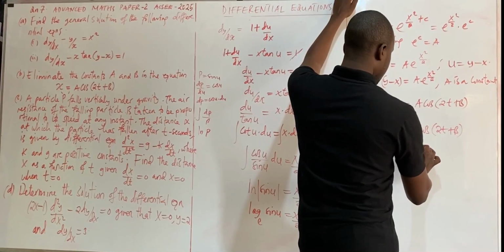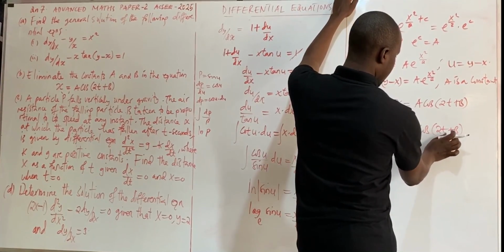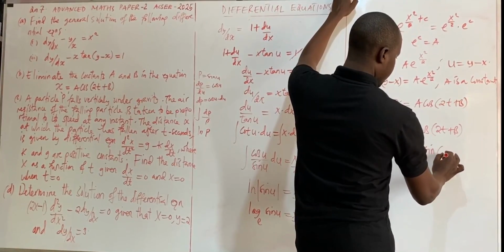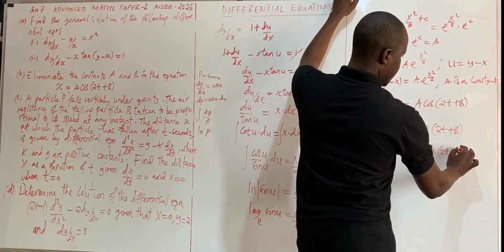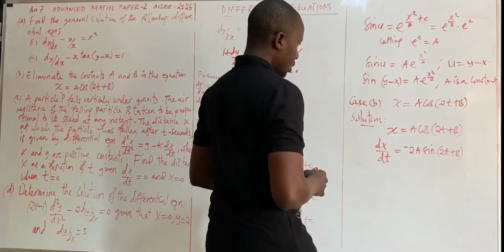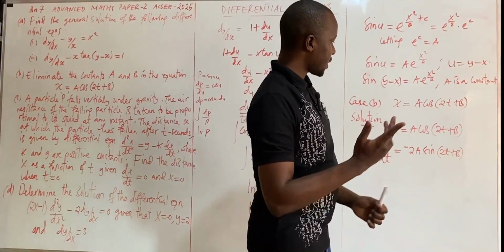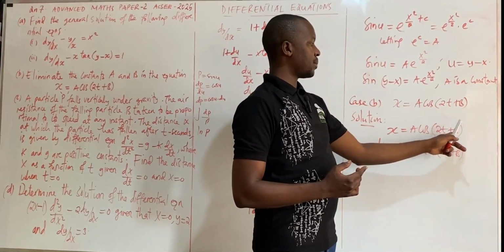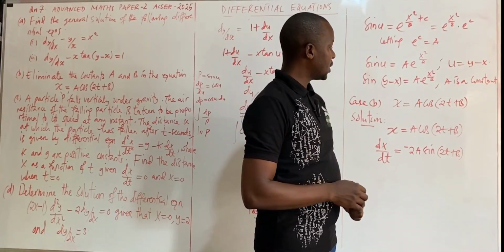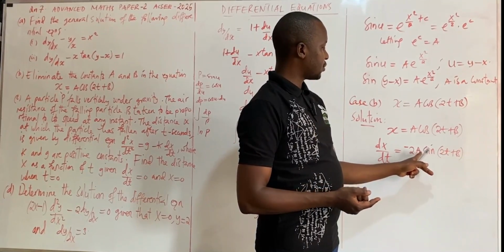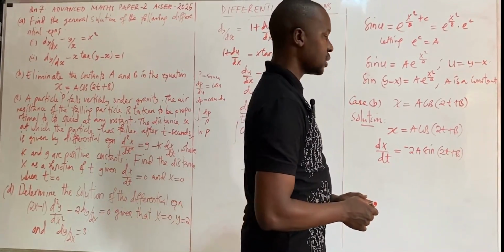We know it is a negative sign, then a sine, then we write sine of 2t plus b. If we do it by direct substitution, for example taking u equals 2t plus b, differentiating and applying the chain rule, you end up getting negative 2a sine of 2t plus b.